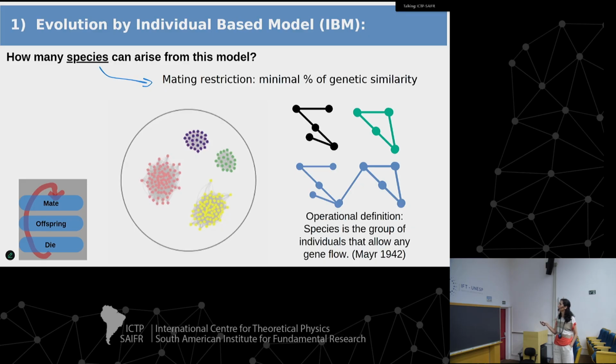Here would be one species, here another species, and just one species here, because there is the possibility of gene flow. And we can see how many species emerge in this island.